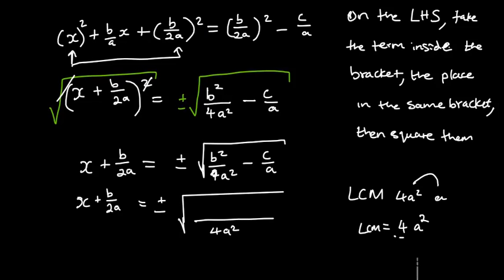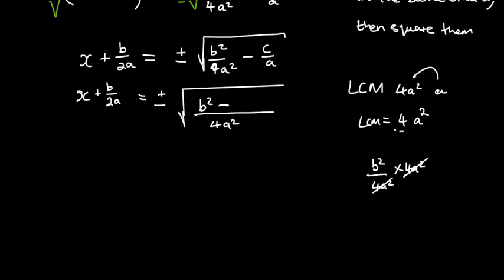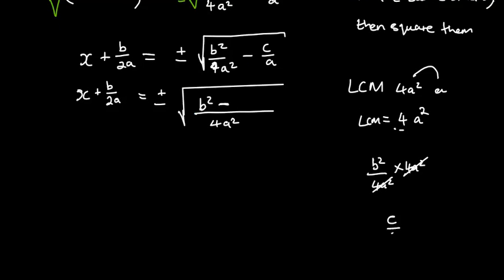Now, if you take the b squared over 4a squared part and multiply it with 4a squared, that will cancel. You'll be left with b squared minus, then if you take the c over a part multiplied with 4a squared, one a will cancel, leaving c times 4a, which gives you 4ac.